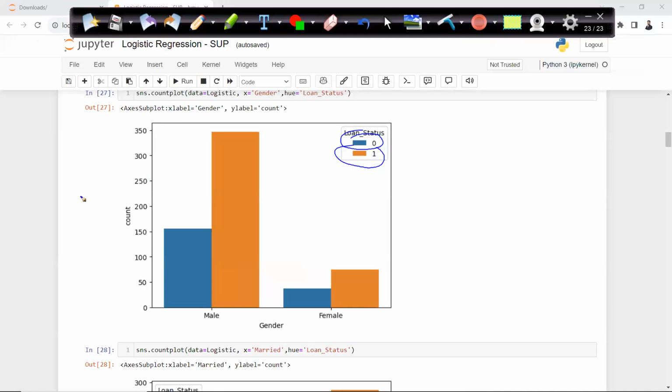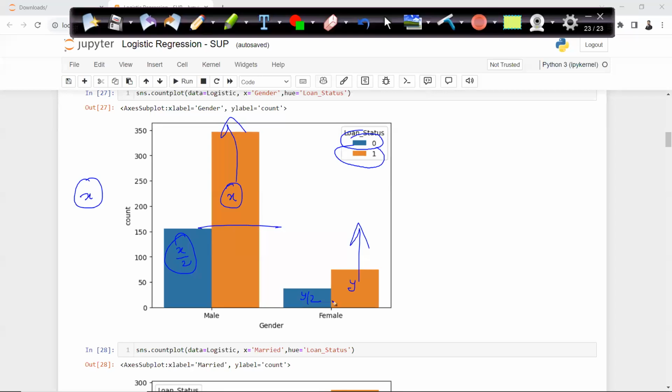If, let's say, X amount of males got the loan, almost half did not get the loan. Same goes here also. If Y amount of females got the loan, it's almost half of the females who did not get the loan. So I cannot say that if you are a male, there is a very high chance that you will get a loan, or if you are a female, there is a very high chance you are going to get a loan.